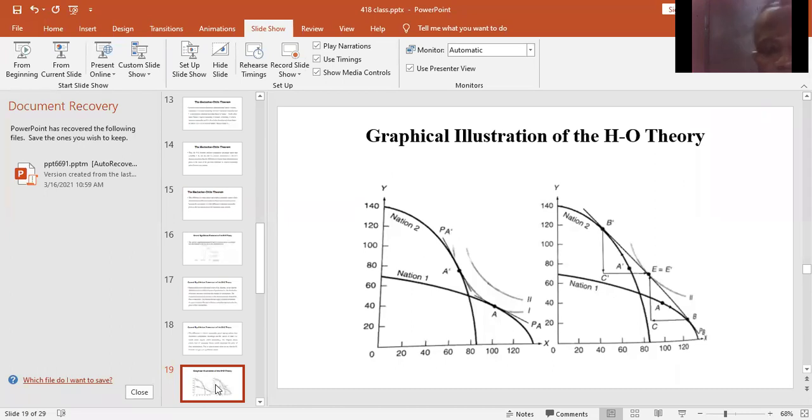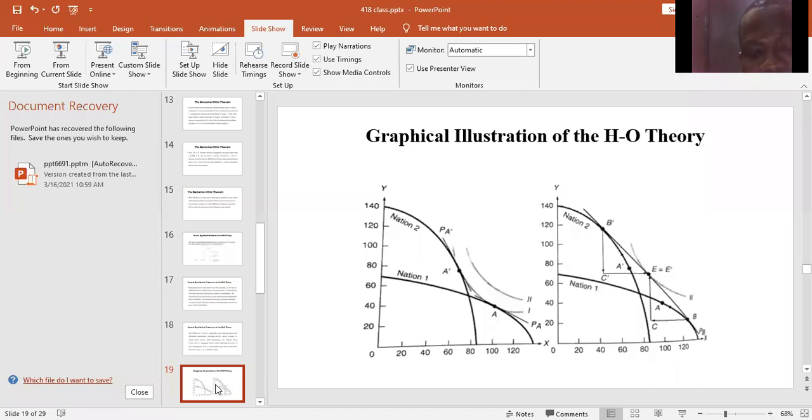In the first graph, we have nation one, nation two, and there's a first indifference curve, I, or you call it one, as the case may be. And we have two points, point A factorial and point A. That shows the points where the indifference curve is tangential to the production possibility curve of the country, and that shows the point at which the utility is maximized in that country.